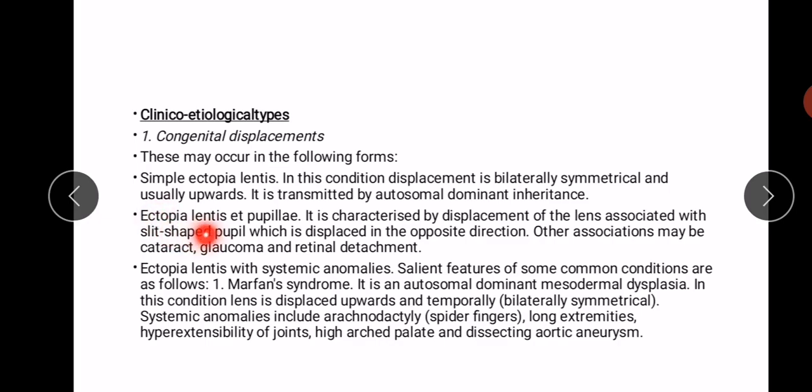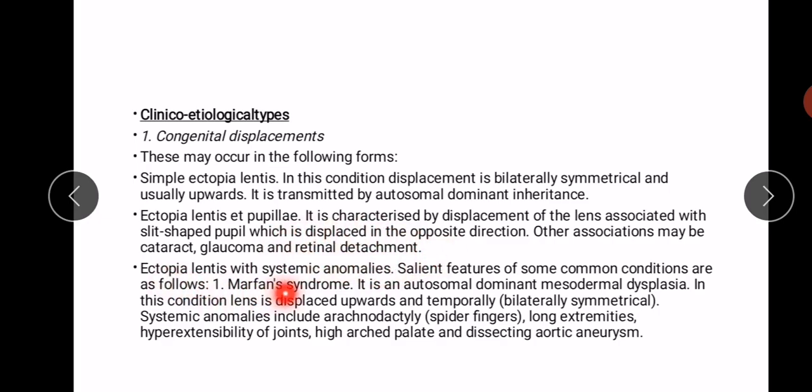Then there is ectopia lentis et pupillae. It is characterized by displacement of the lens associated with slit-shaped pupil, which is displaced in the opposite direction. It is also associated with cataract, glaucoma and retinal detachment.